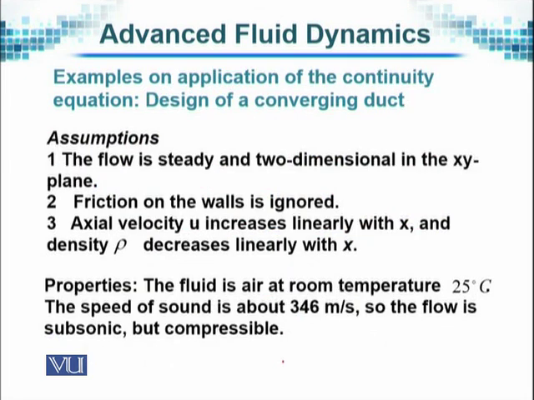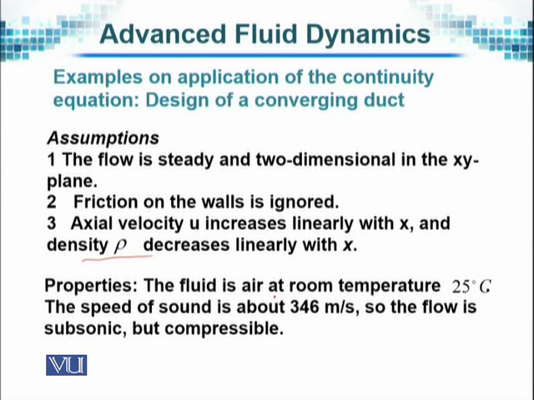So the assumptions are, as we have said before, but we consider them again: the flow is steady and two-dimensional in the XY plane. The friction on the wall is ignored. So no viscosity, no friction, no drag, and therefore no heat generation, no dissipation of energy and that kind of consideration.